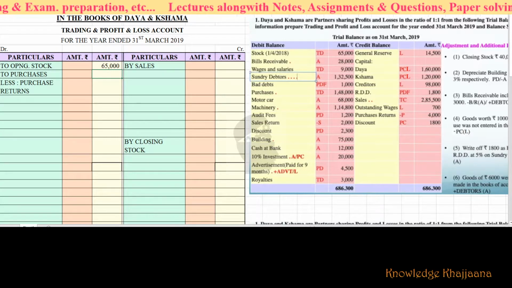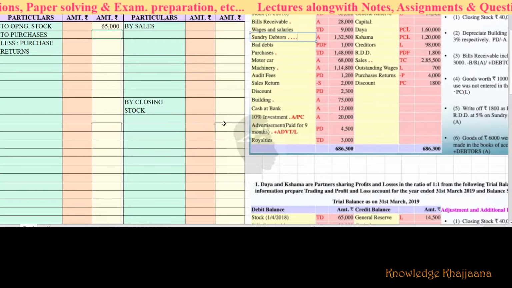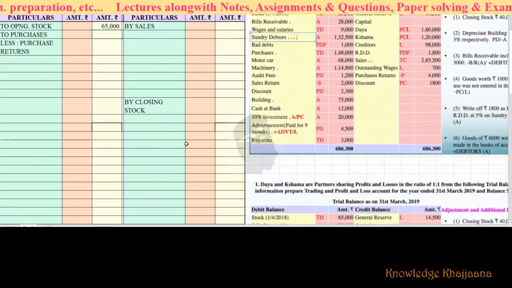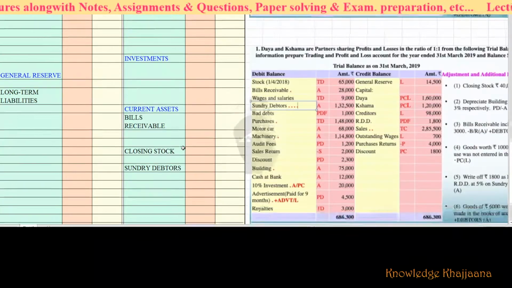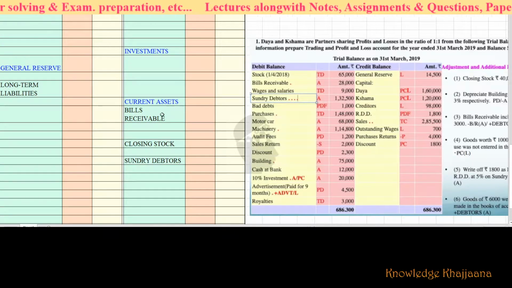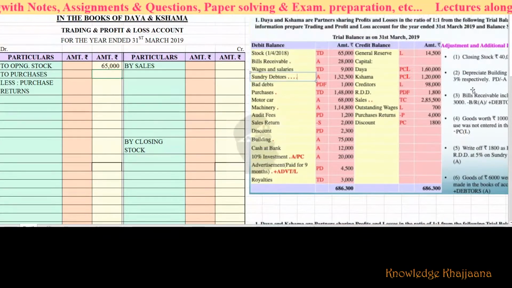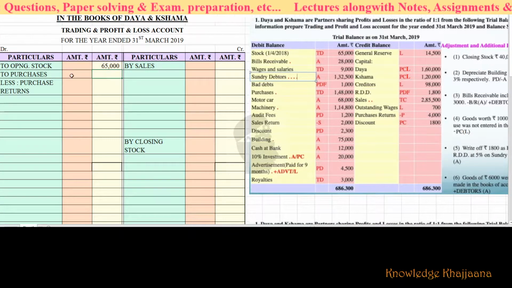Then bills receivable will go to the asset side, as it is a current asset. Basically, opening stock and purchases must be there everywhere.